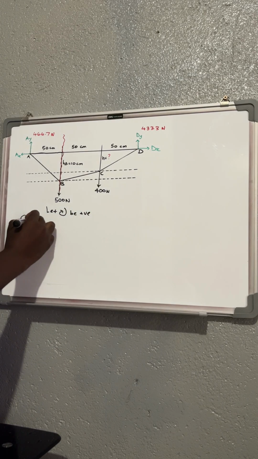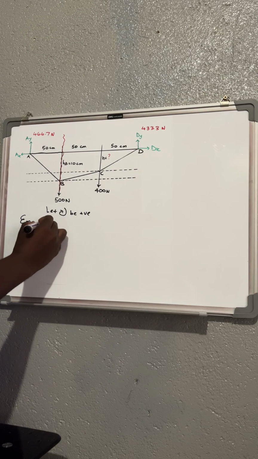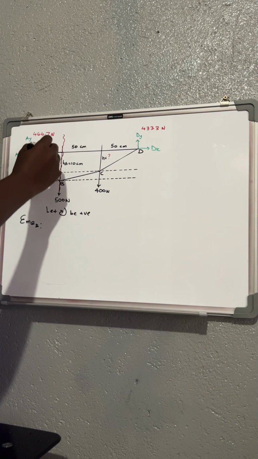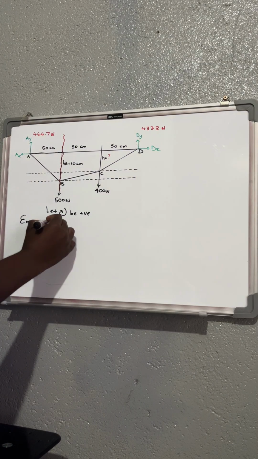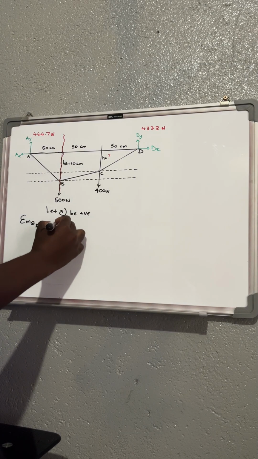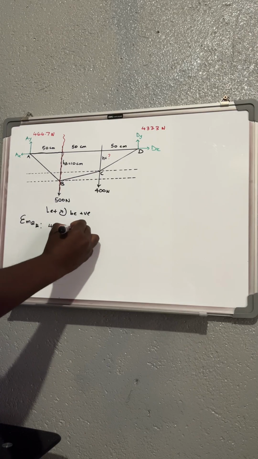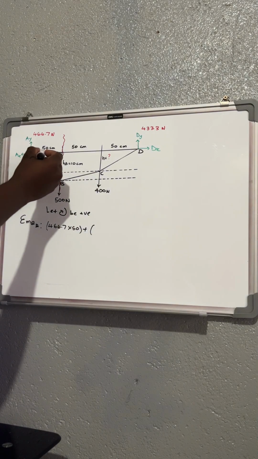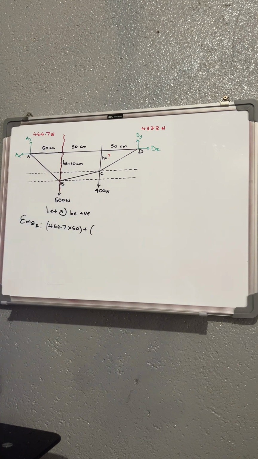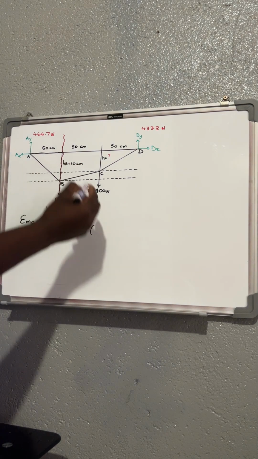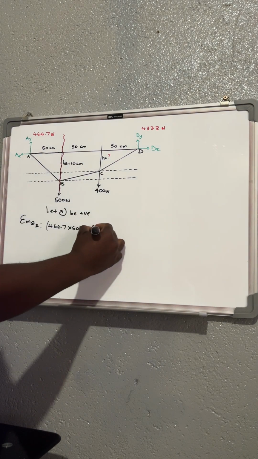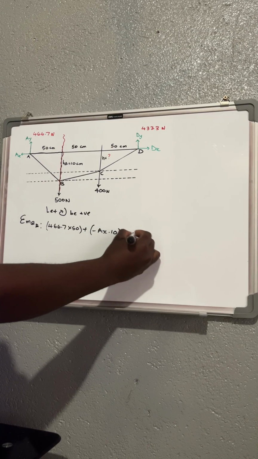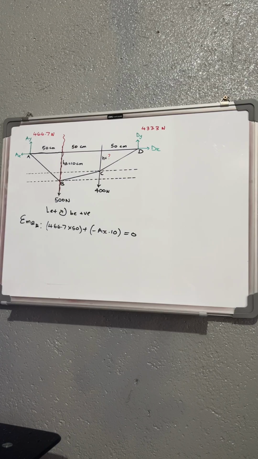Then we take the sum of the moments around B. We have our AY multiplied by that distance, which is 466.7 by 50, plus, then we have our AX. AX is moving anticlockwise, and we have this distance that is given here, so we have minus AX multiplied by 10, and this is equal to 0.